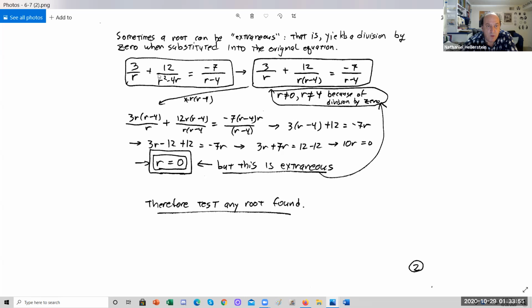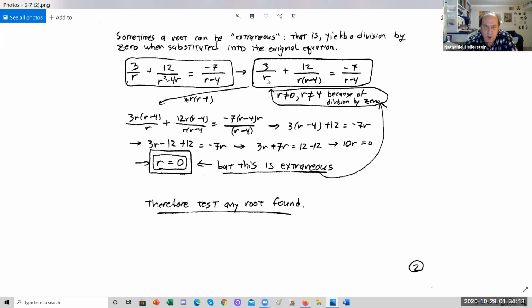So okay, here: 3 over r plus 12 over r squared minus 4r equals -7 over r minus 4. The thing to do is factor this r squared minus 4r into r times (r minus 4). Now here, r equals 0 would cause a division by 0, and r equals 4 would cause a division by 0, so we rule out those values for r from the beginning.